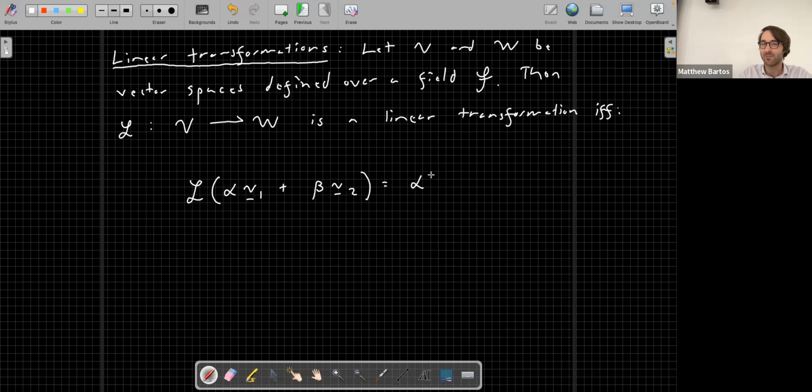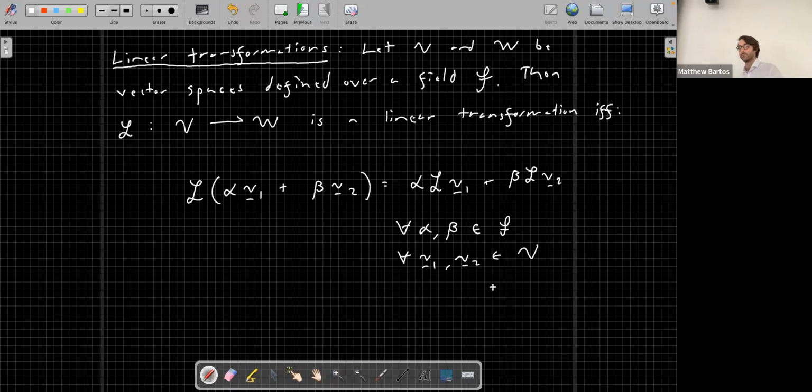Right? So alpha times L applied to V1 plus beta times the linear operator applied to V2, for all alpha, beta in our field and for all V1, V2 in our vector space V. Okay, so this is just the definition of superposition that we've been working with since the beginning of class, except we're applying it now specifically to vector spaces.